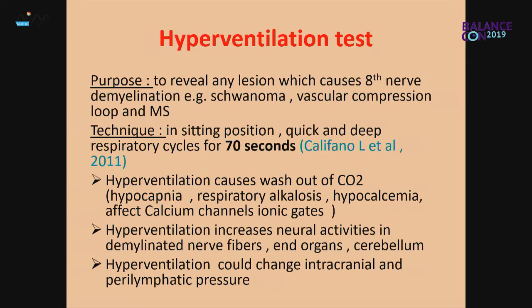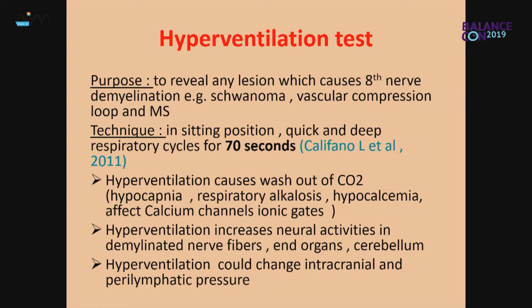So what is the physiology behind it? Hyperventilation will cause washout of the carbon dioxide, leading to hypocapnia and respiratory alkalosis with hypocalcemia, and it affects the calcium channel ionic gates. And the hyperventilation increases the neural activities in the demyelinated nerve fibers, the end organs, and the cerebellum. Hyperventilation could change intracranial and perilymphatic pressure.